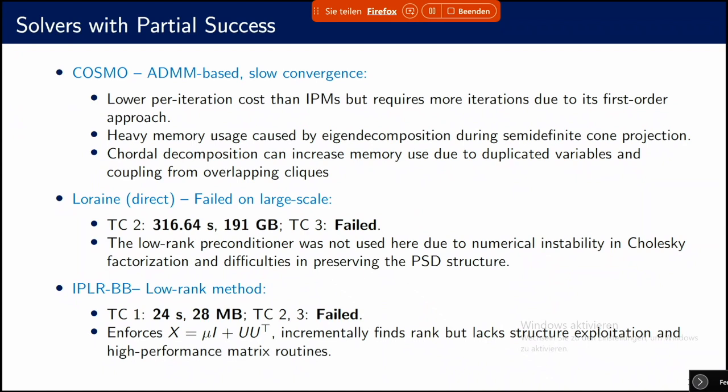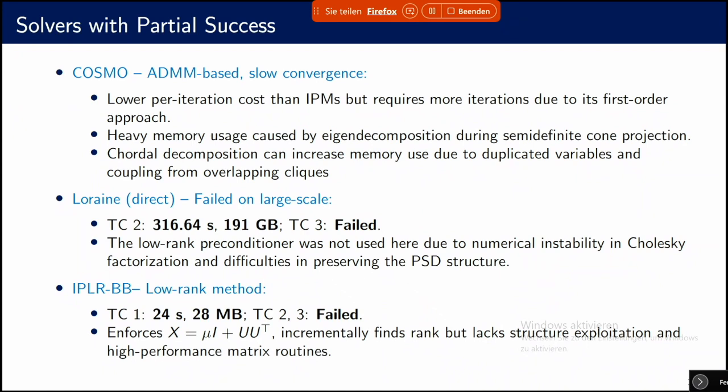IPLR-BB is using the interior point method, but by changing the matrix variable and enforcing it to be in this form, as a low rank part plus mu times identity, where mu here is the barrier parameter.